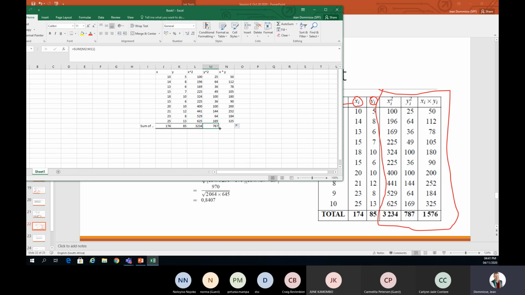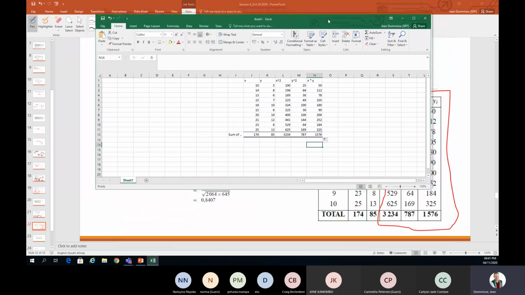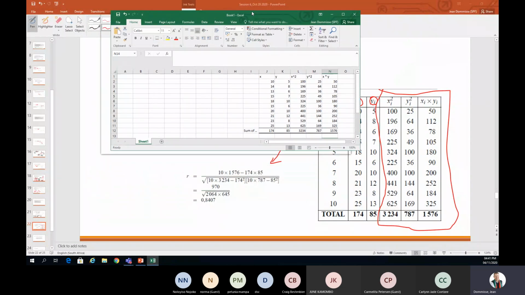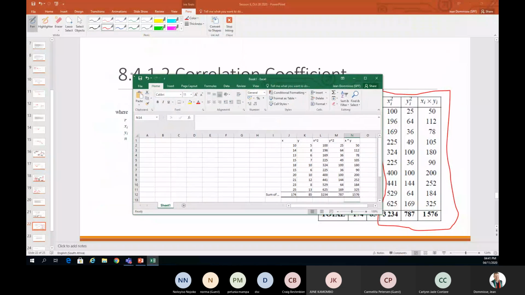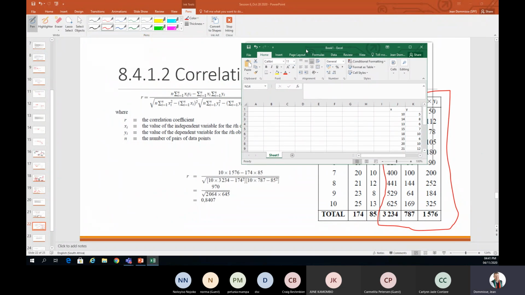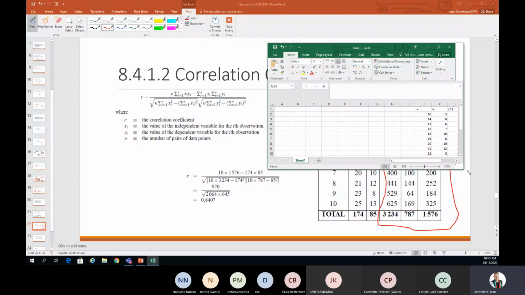And again, very much simpler to do it in Excel. So there I got all of the numbers that I needed to calculate. So I just want to see where that formula is, so that I can work with that.